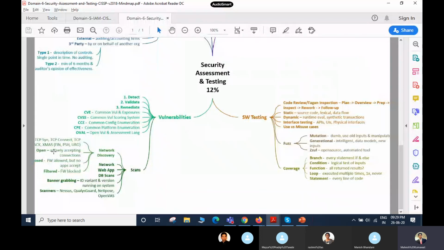The vulnerabilities, you need to check them in the application, cloud, system, networks, all of these things. How do you find a vulnerability? Suppose you are the hacker and you are part of the red team, and your job is to find different vulnerabilities in the networks, applications, systems, cloud computing, everything.